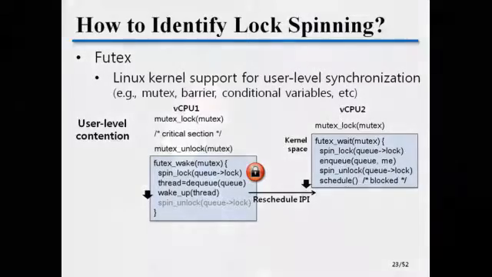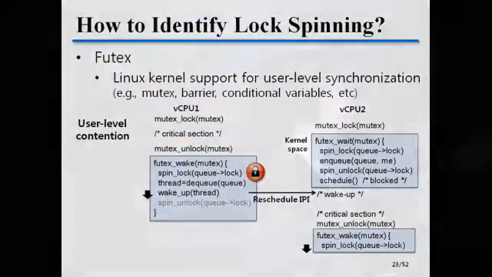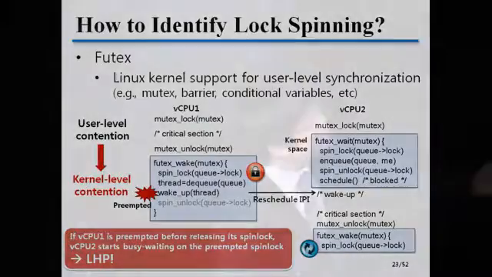And the thread on vCPU2 tries to wake up another thread after the critical section. At this point, from our analysis, vCPU1 is frequently preempted before releasing its spin lock, and vCPU2 starts busy waiting on the preempted lock. So the lock holder preemption actually happened.